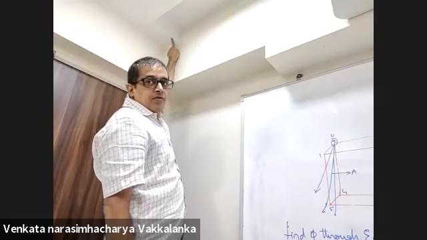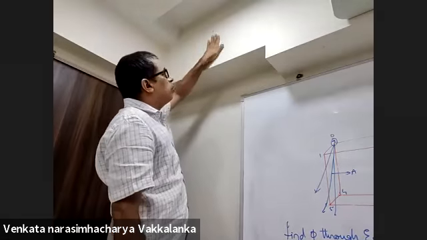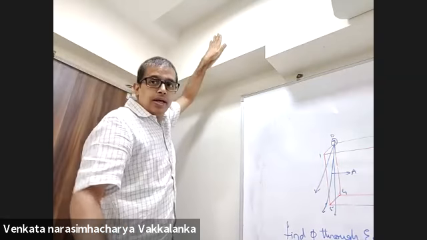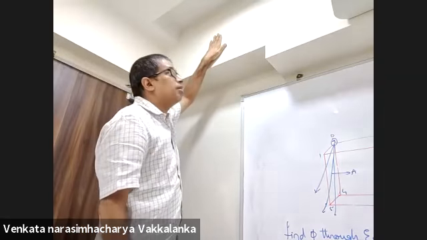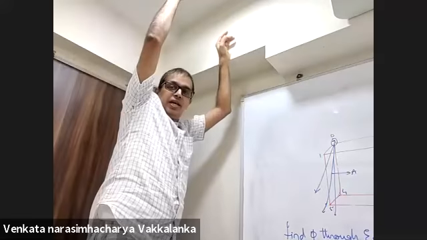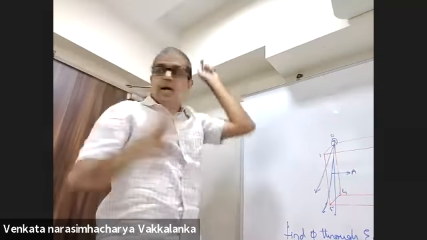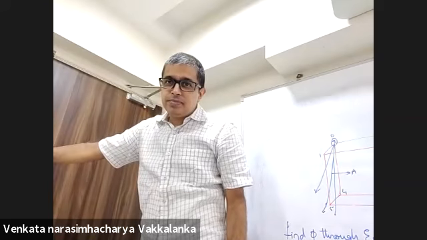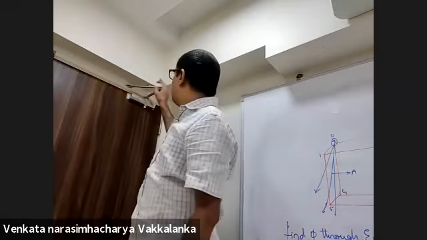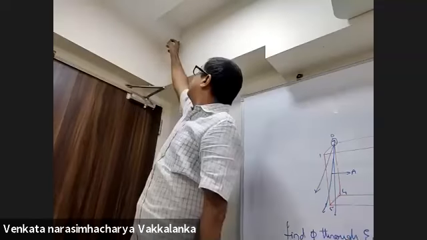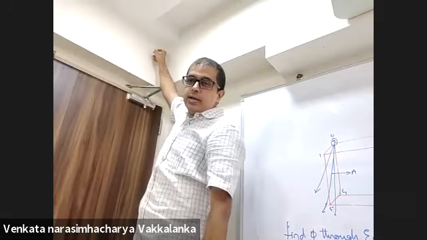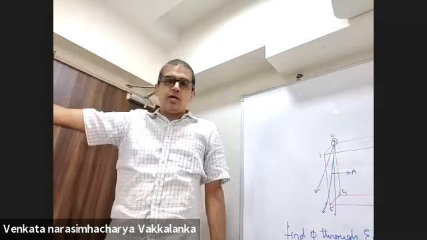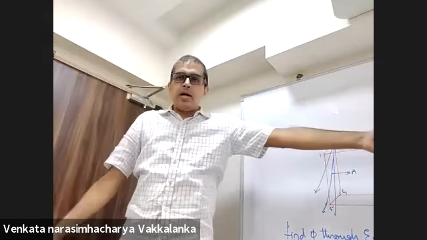Yes, sir. Field lines from this corner will go parallel to this wall. Agree? They'll go parallel to the ceiling, and they'll go parallel to this wall. So this corner, whichever you take, field lines will go parallel to this face and parallel to this face.